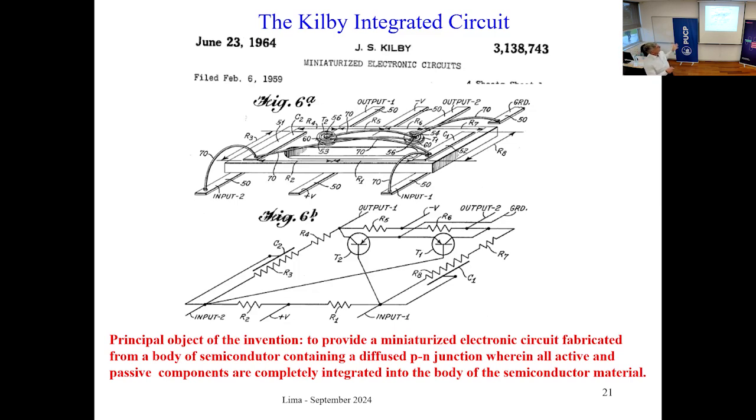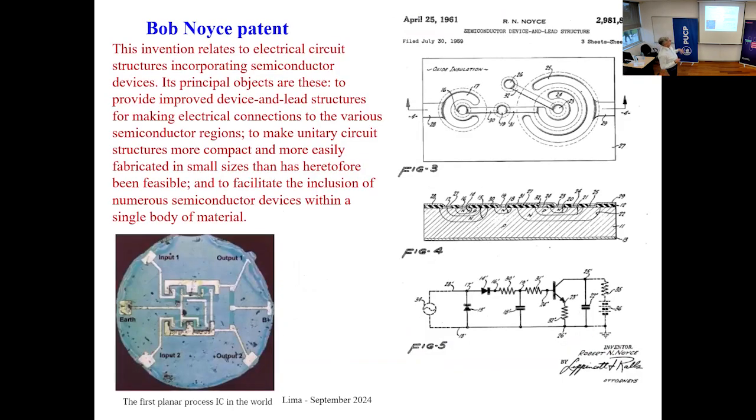You have some components, connections. You see, just an integration of components, but the means to reach there was described by Bob Noyce in his patent. This is Bob Noyce's patent.